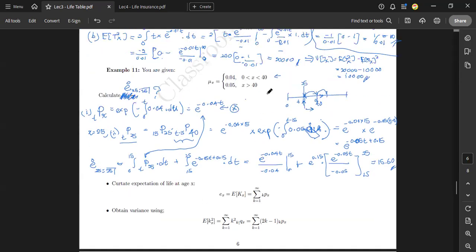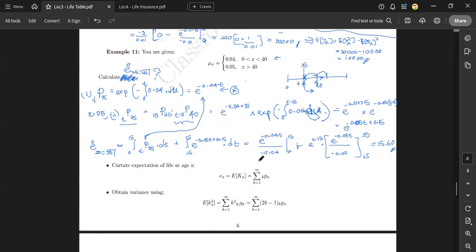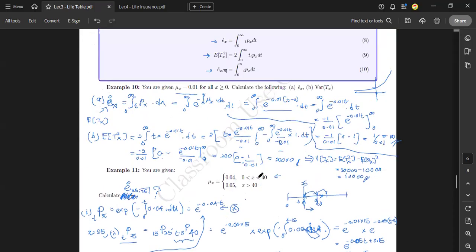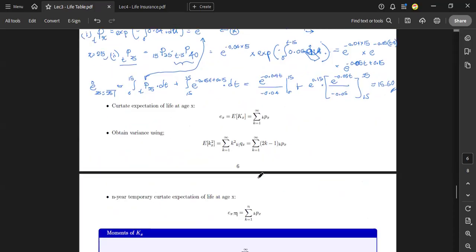But if it is just a constant for the entire lifespan, then our computations will become simpler. So that is the story of calculating the moments of future lifetimes, and those are for the continuous random variable.